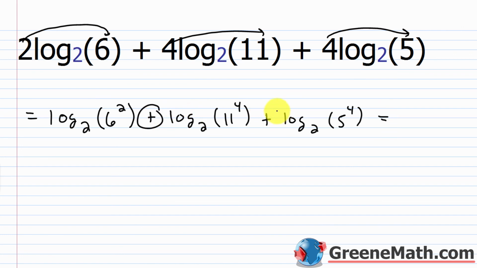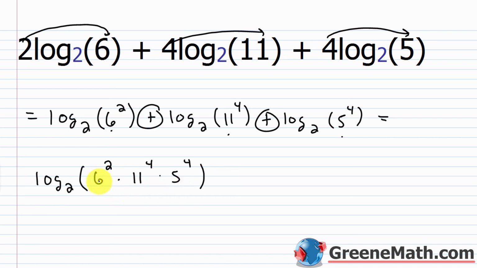Now I have addition. So addition, you go back to multiplication. So everything is log base 2 here, right? So in other words, it's going to be log base 2 of this guy times this guy times this guy. So 6 squared times 11 to the 4th power times 5 to the 4th power. So in most cases on a test or your homework, this answer is good enough.